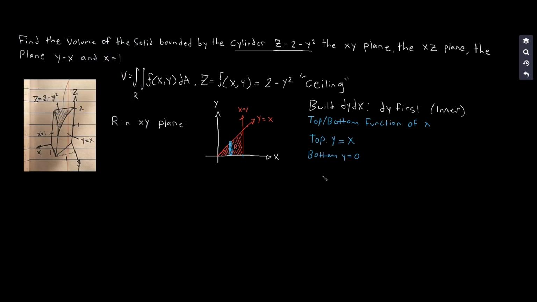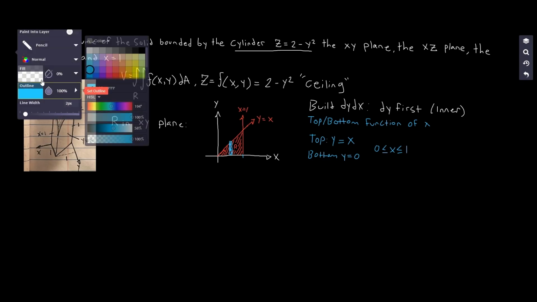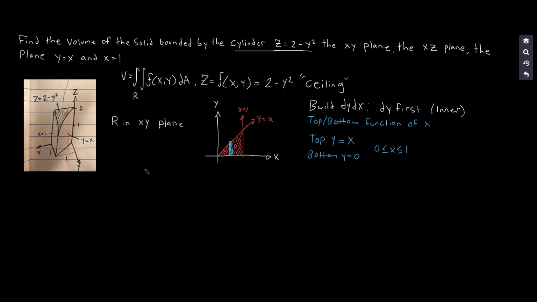So we can say also that x is between 0 and 1. And so if that's the case, we can set up our integral. So x is in between 0 and 1, which we can see quite clearly.